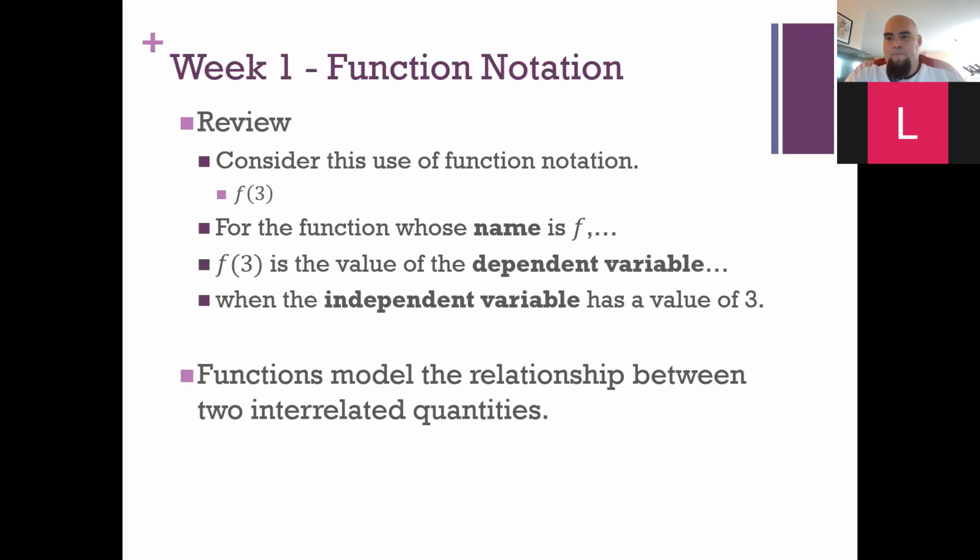In this case, if 3 is replaced by x, x is still the independent variable? Absolutely. That's a really good point. I did not tell you what the independent variable was. I just gave you f of 3. The independent variable could be time, it could be length, it could be any number of things. In general, we just think of it as x.